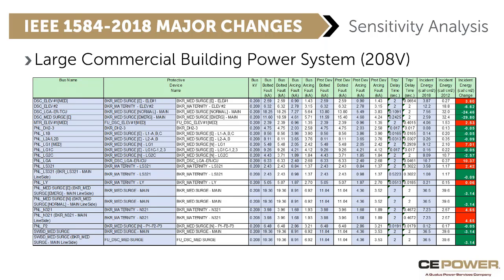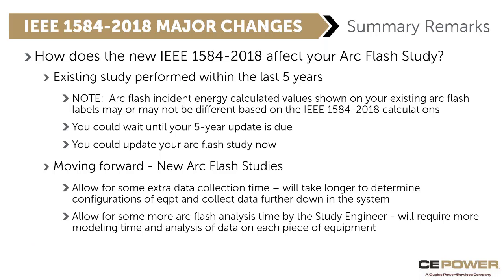So, where does that leave us? Well, it's been a complicated change from the 2002 to the 2018 standard. We can't categorically say something like, well, the 2002 is always higher than 2018, or the 2018 is always higher than the 2002. We can't accurately make a statement like that. It depends.